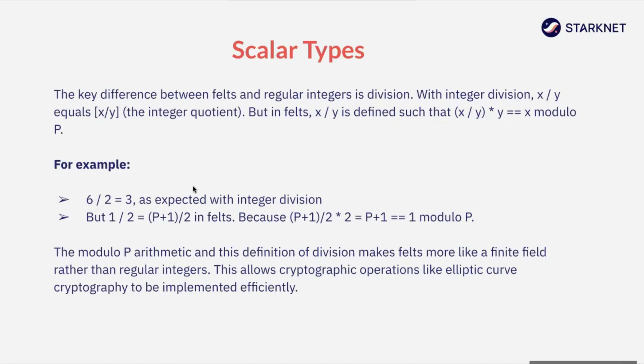So this is an example. For normal integer division, 6 over 2 will equal 3. But when it comes to felt, when you want to divide 1 over 2, for instance, this is how it's going to handle it: P plus 1 divided by 2 in felt, because (P plus 1) over 2 multiplied by 2 equals P plus 1, which must be equal to 1 in modulo P. So this is how felt handles a division.